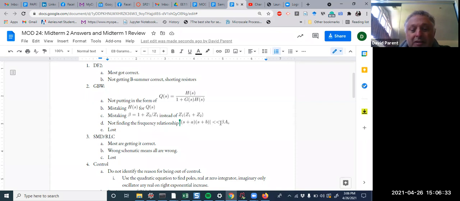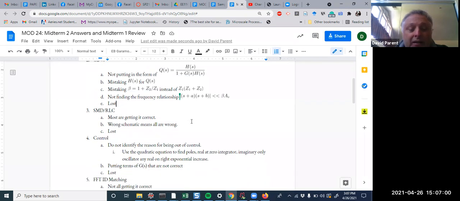That has to be much less than beta times the open loop gain. If you look at the question, you can see what we're saying, but somewhere that's got to be said. Just writing out Q of S properly is not enough. Unfortunately, for those that are not getting it right, sometimes it's just being lost. And it'll take more analysis to figure out how to bring you back.